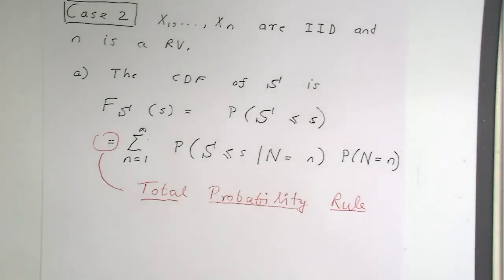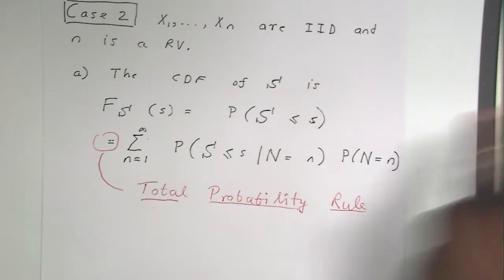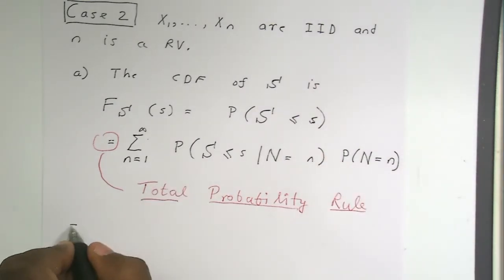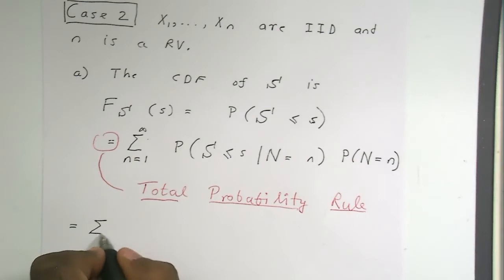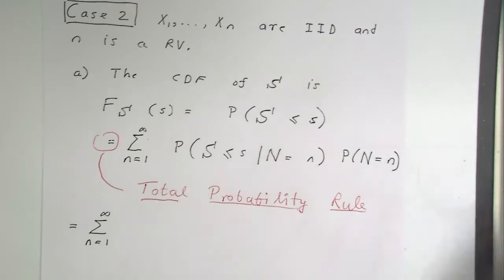So what I'm going to do is the following. I'm going to copy this here and put it here. So what you will get is the following: in place of the conditional probability, I'm going to put this here.